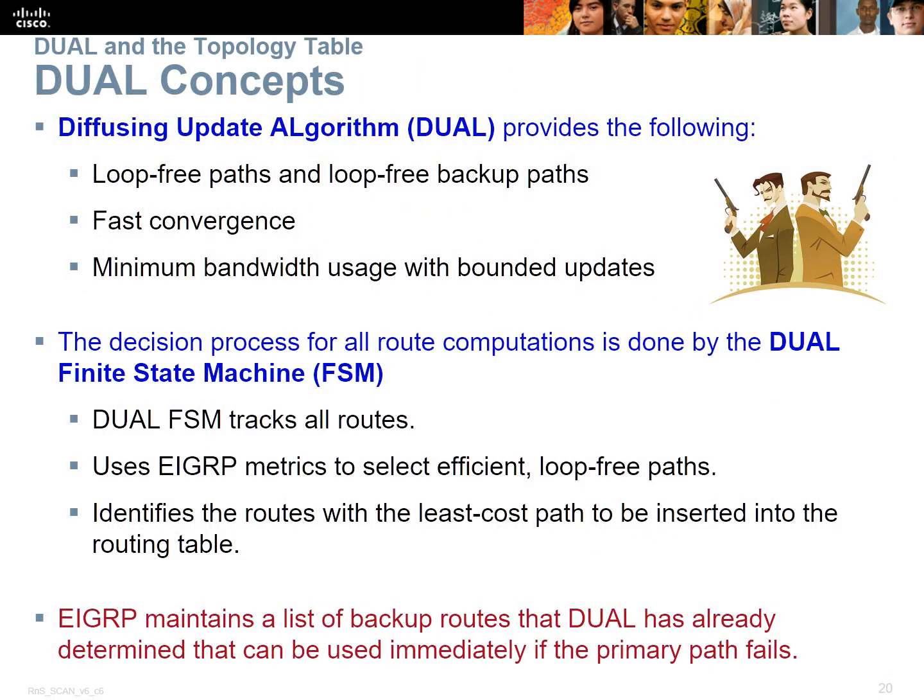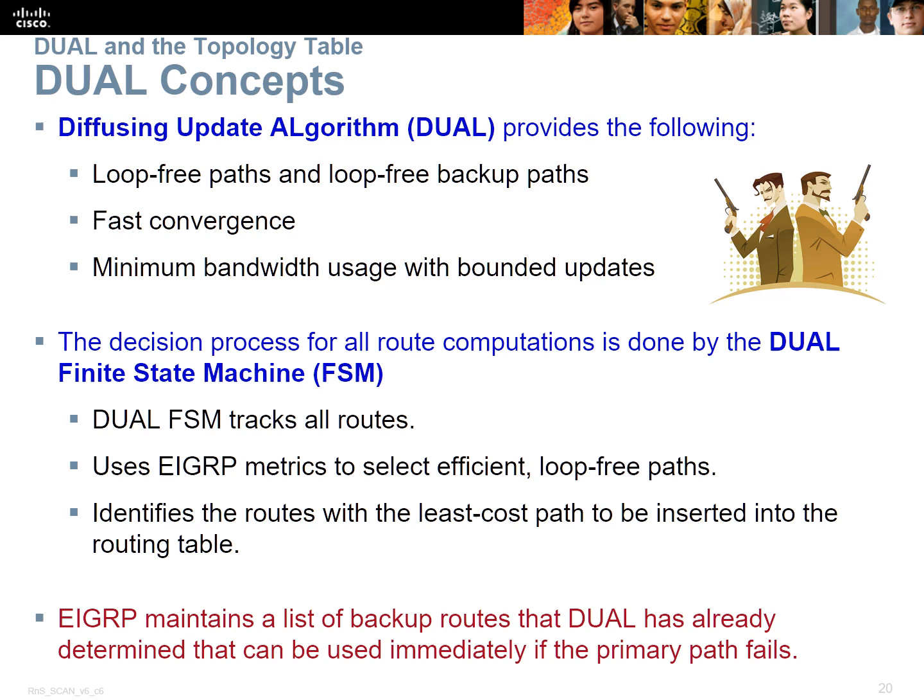The Diffusing Update Algorithm: loop-free, fast convergence, very efficient. So let's have a look at the finite state machine. It's basically the brains behind how EIGRP puts itself together. It maintains a list.